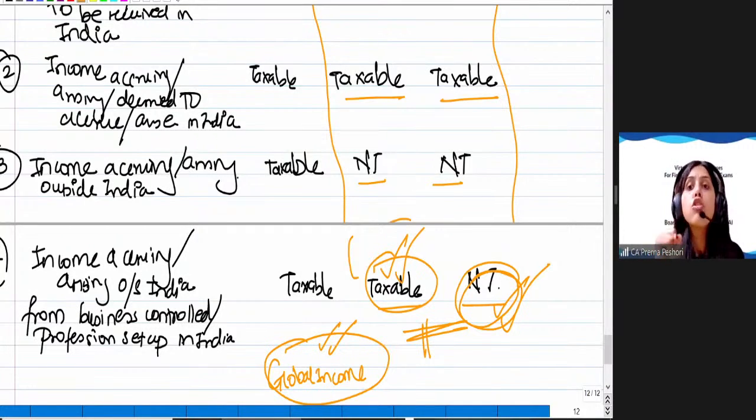Understand one thing: if their income is more than 15 lakh and they are not liable to tax in any country, they will be considered deemed resident, and their global income will not be taxable. Only the Indian sourced income will be taxable. And in that case, the tax rate of resident will apply and not non-resident.